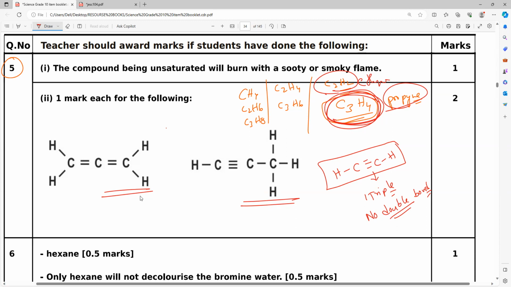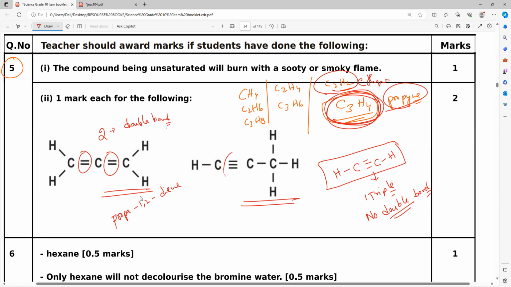Actually, 3 will form. One is cyclic, and of the other 2, one is branched and one is a straight chain. So what is the first one? Anybody? Propa-1,2-diene. So how many double bonds? 2 double bonds are possible.